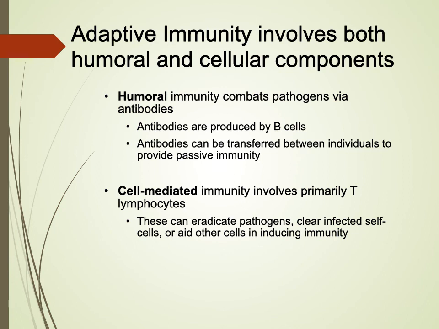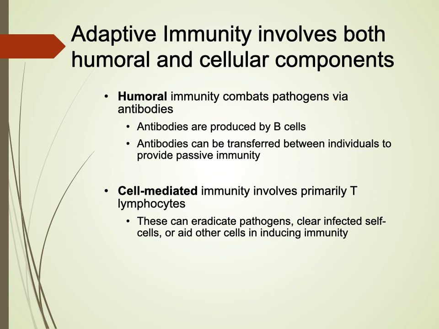You've probably heard this in the news: if you have recovered from COVID, the American Red Cross and other organizations would like to find out if you have antibodies against COVID, because they're finding that if they do a blood transfer or antibody transfer, patients can be helped. Some people have antibodies that are able to aid in recovery for other individuals.